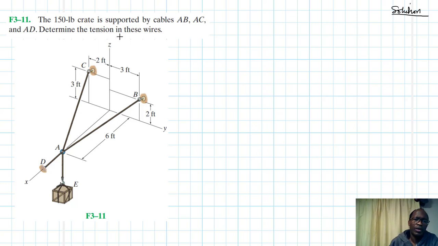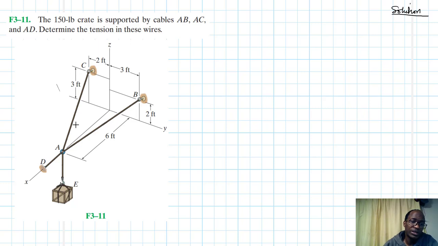Okay, so you could solve this particular problem by either using the vector or using the scalar or a combination of both. For the vector, I'll need to find the unit vector along the direction AB and AC, and also AD. We know already AD is along the x-axis, so it's just an i unit vector.